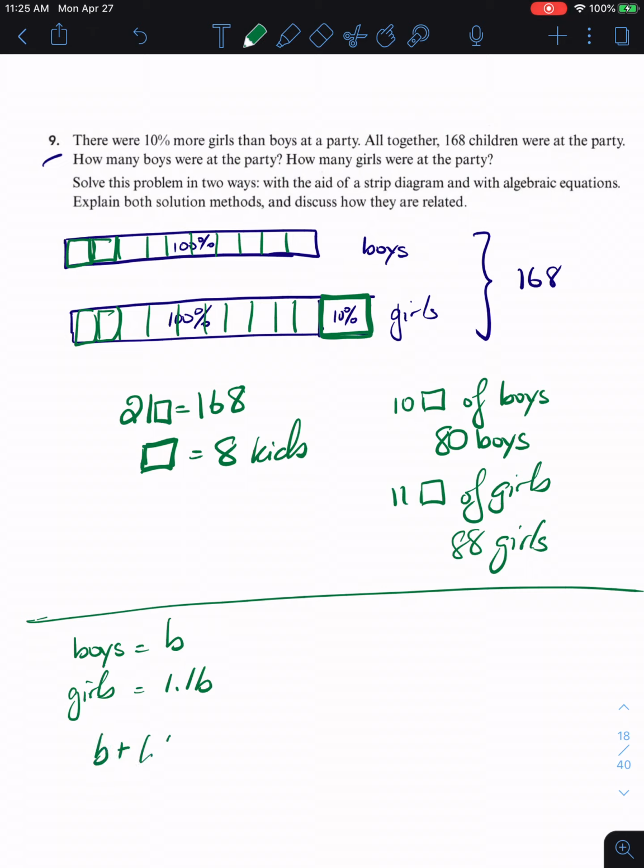B plus 1.1B is 168. So 2.1B is 168. And if we divide to find B, we get B equals 80. So there are 80 boys and girls is 88.